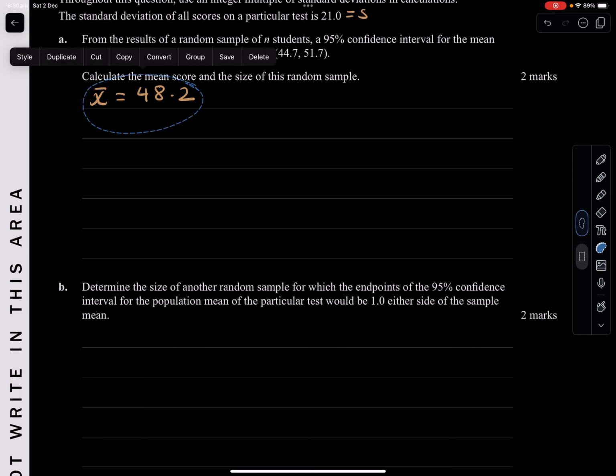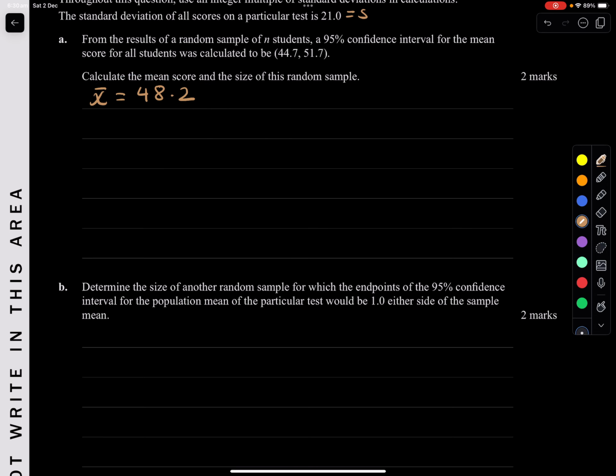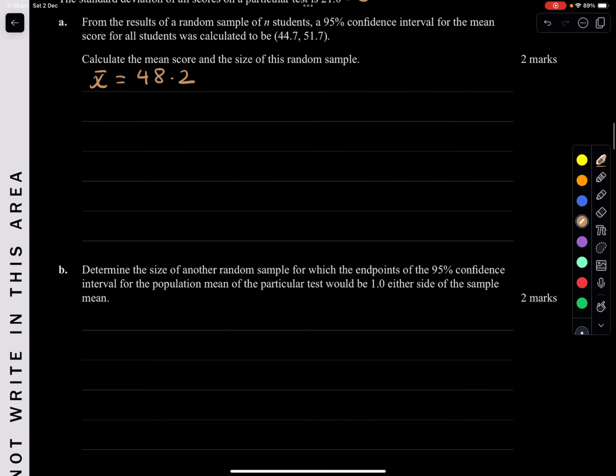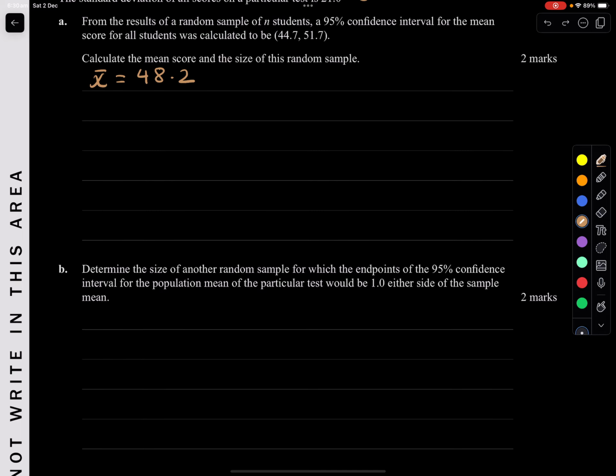Whereas the standard deviation, to calculate that, we have to take our time. For example, let's look at this first one over here. It's in your formula sheet, to find the confidence interval, it's your mean value minus your integer value.